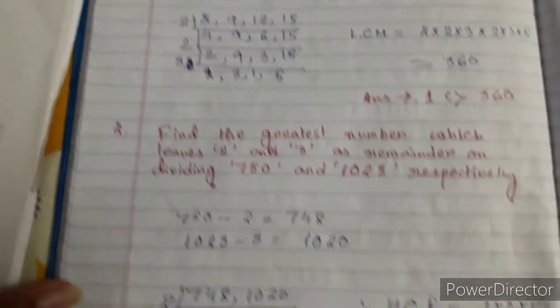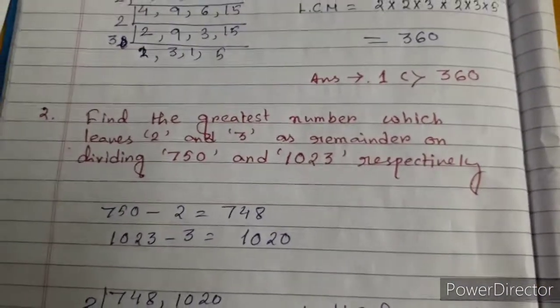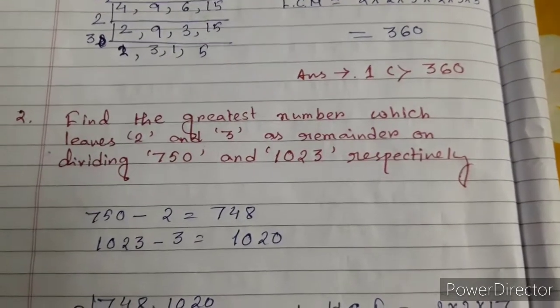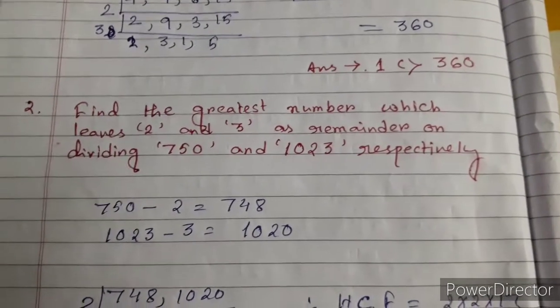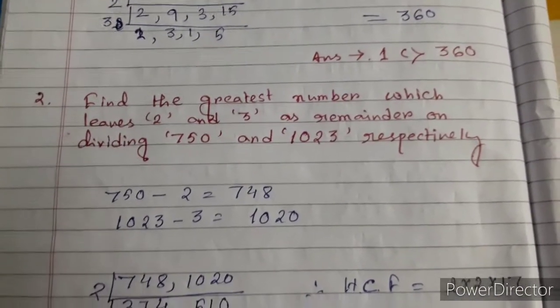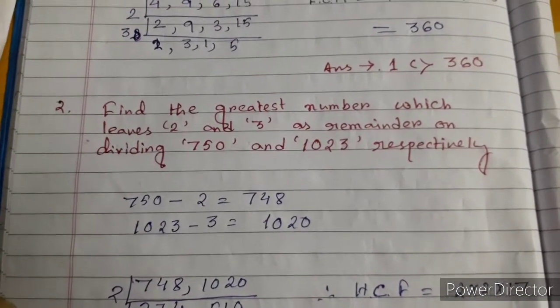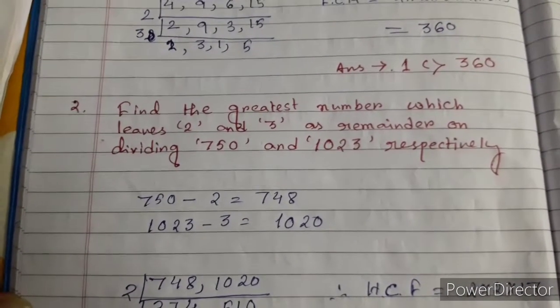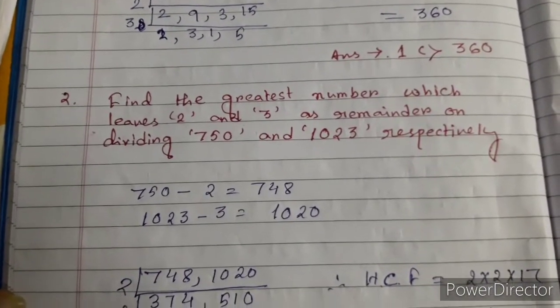Now number 2. Find the greatest number which leaves 2 and 3 as remainder on dividing 750 and 1023 respectively. To find the HCF, you have to subtract 2 from 750 and 3 from 1023 respectively.